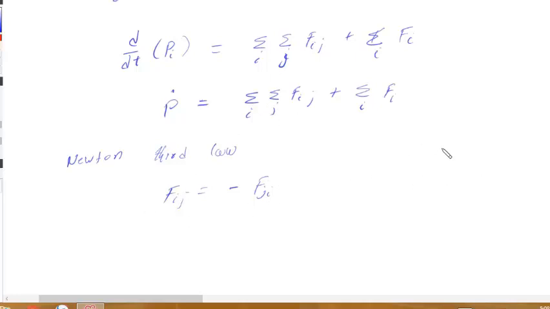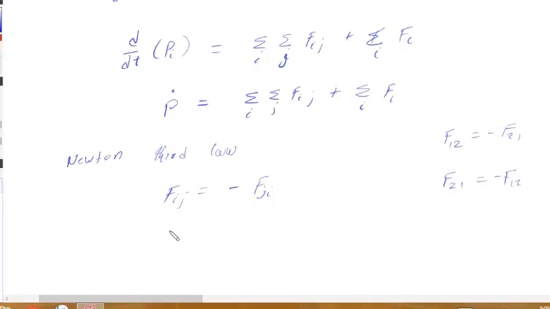If we consider i is 1 and j is 2, then F_12 is equal to minus F_21. Now if we consider i is 2 and j is 1, then this is F_21, so these two cancel, and so on. So this term is cancelled, and there is no change due to the internal forces. So there is no change in the momentum from them.